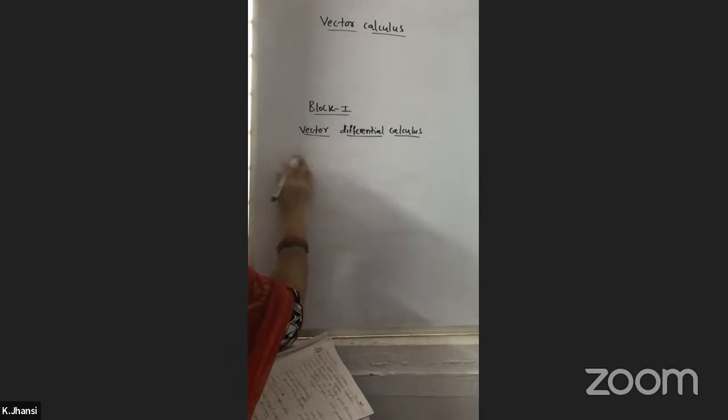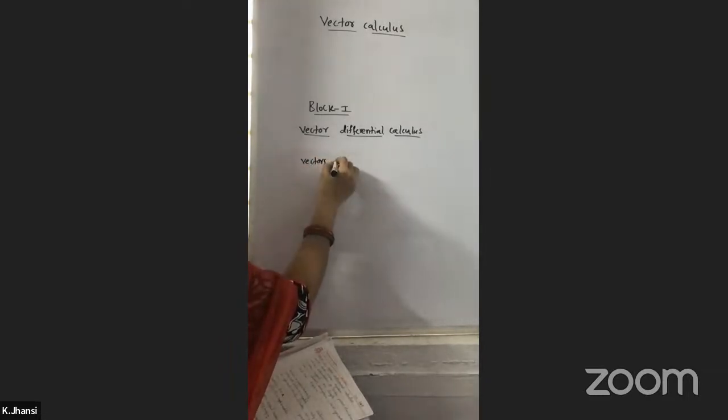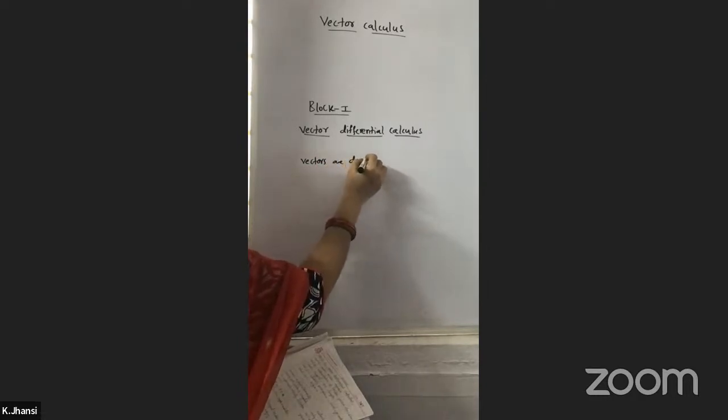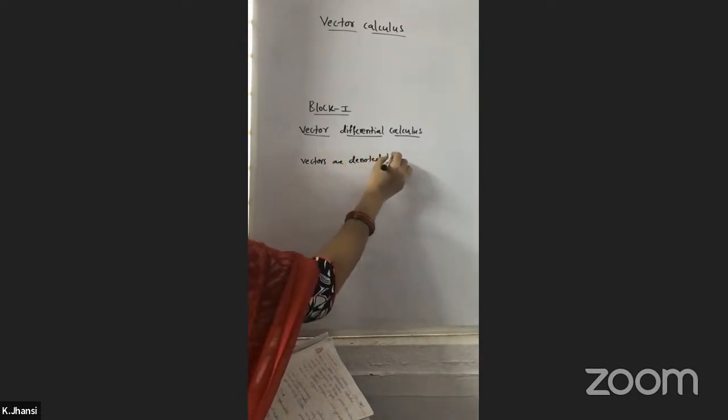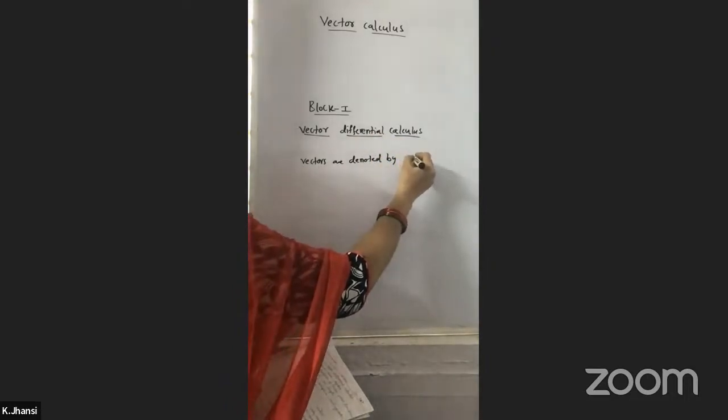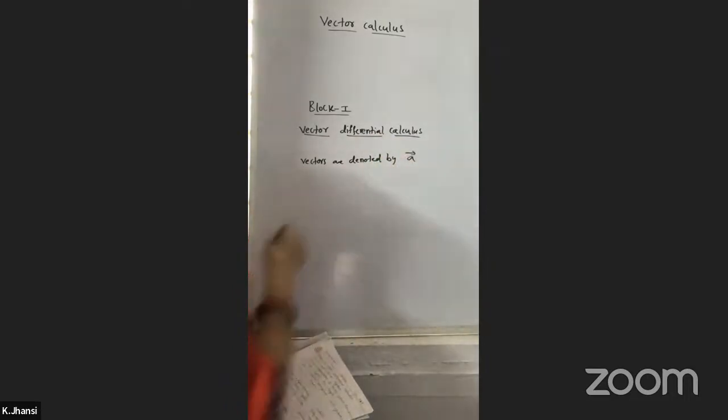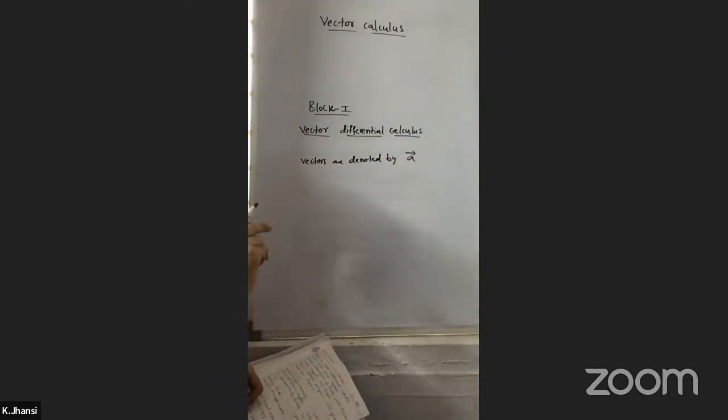So vectors are denoted like this, A, and on that you put the arrow mark. That means it has direction.